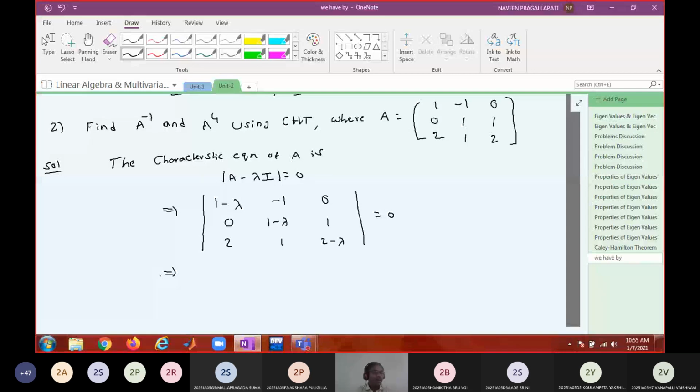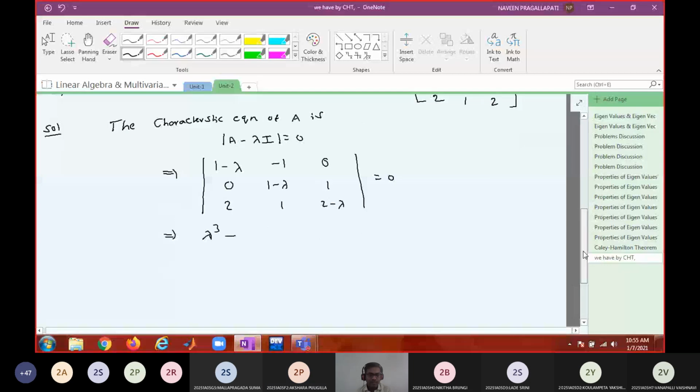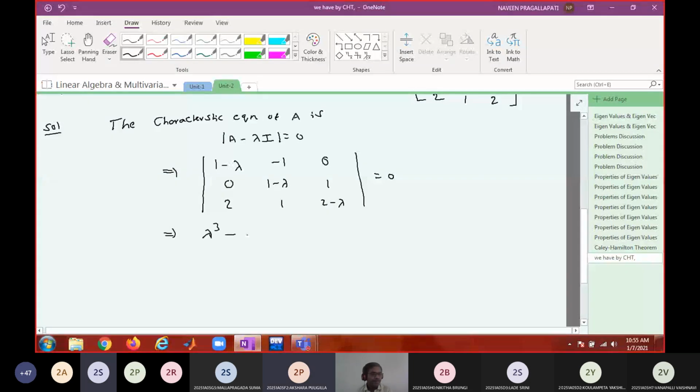Lambda cube minus 4 lambda square plus 5 lambda plus 4. Is this 5 lambda?